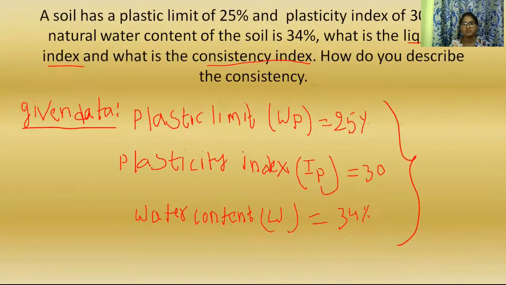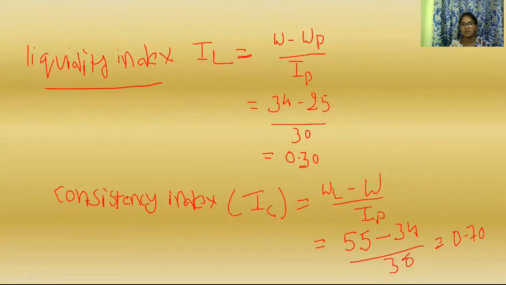Next we solve the consistency index. The formula is consistency index CI, the difference between the liquid limit and the natural water content, divided by the plasticity index.